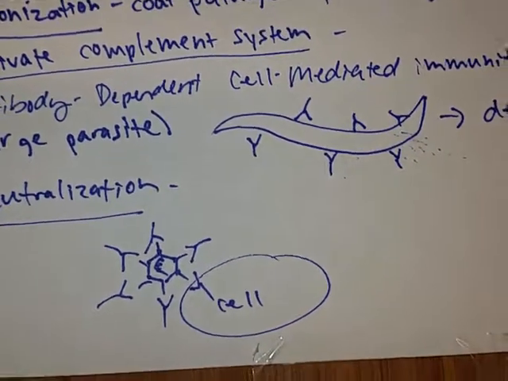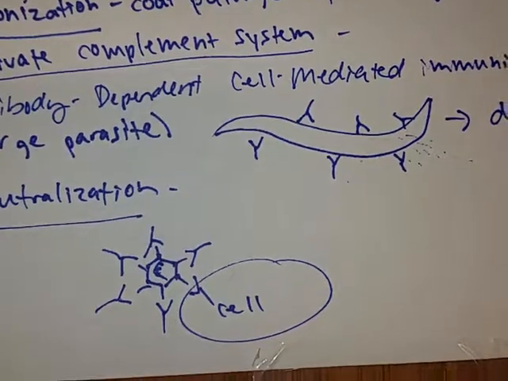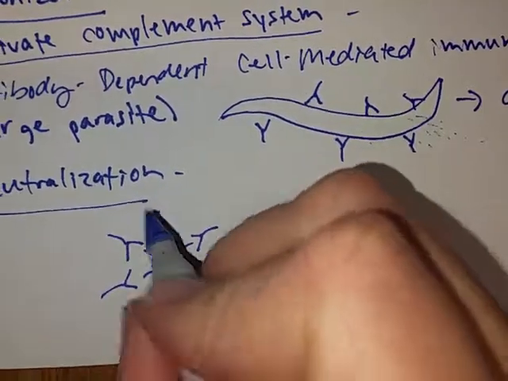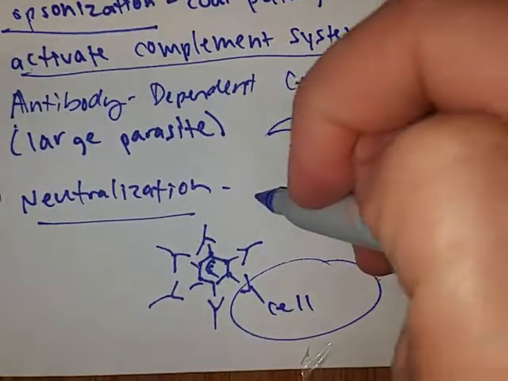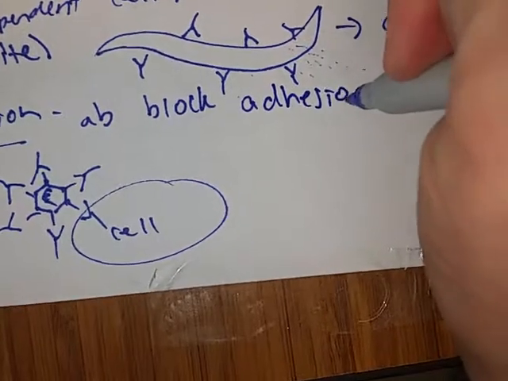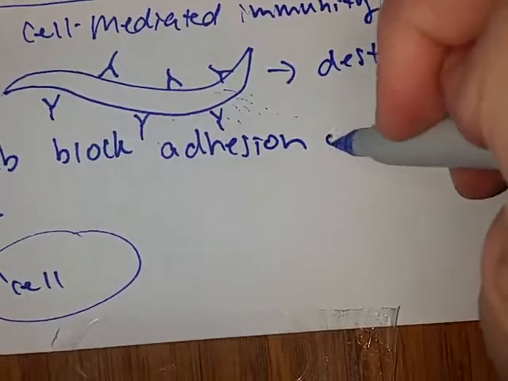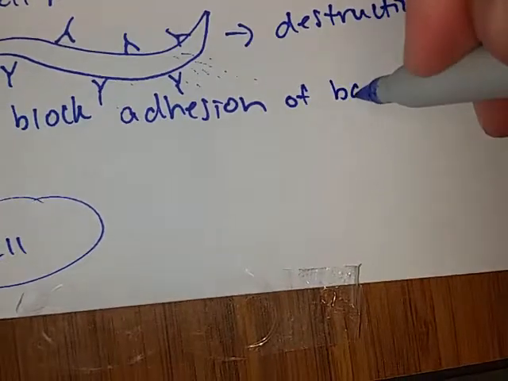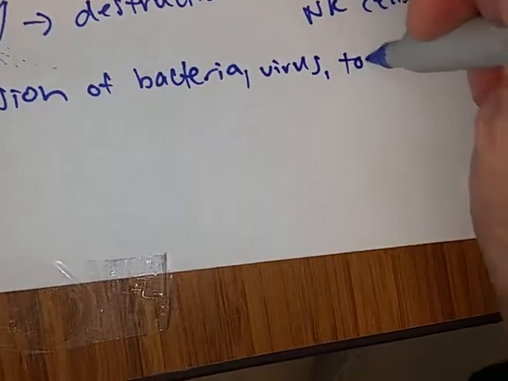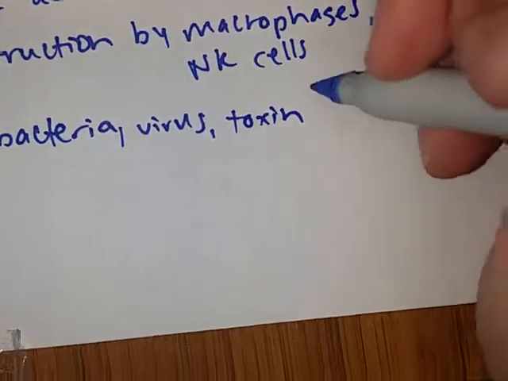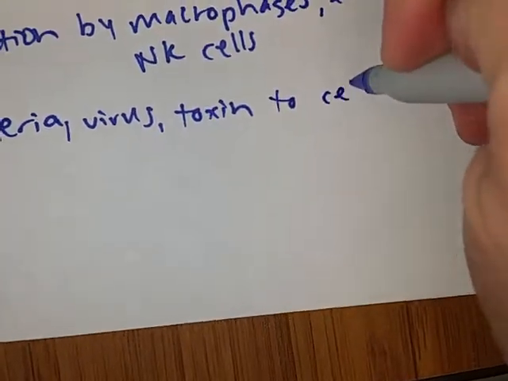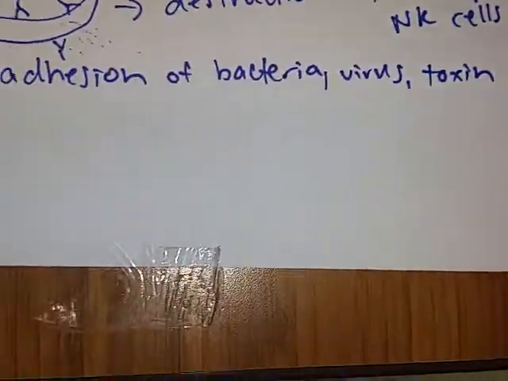Then the virus would not be able to infect the cell, and our cell would stay safe. That's neutralization: antibodies block adhesion or attachment of the bacteria. It can also be a virus, or even a toxin like a poison, blocking it from binding to our cells.